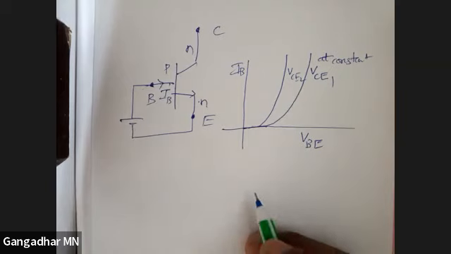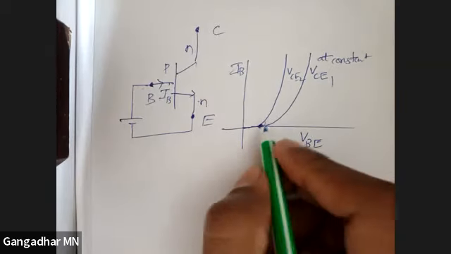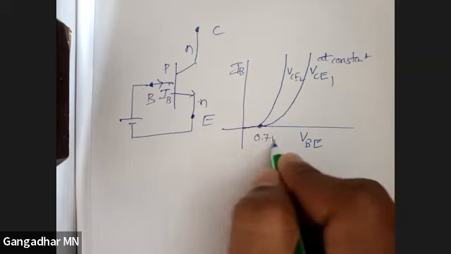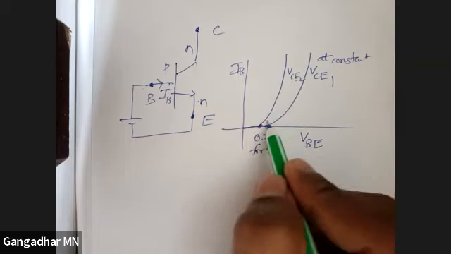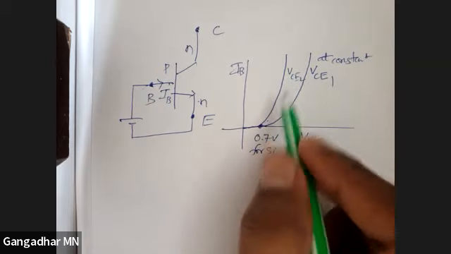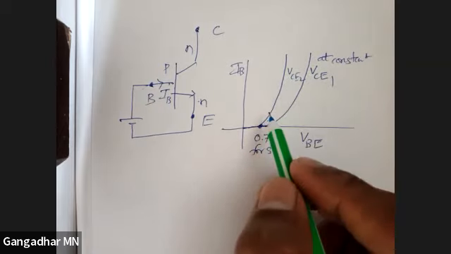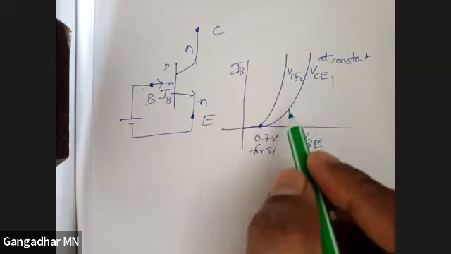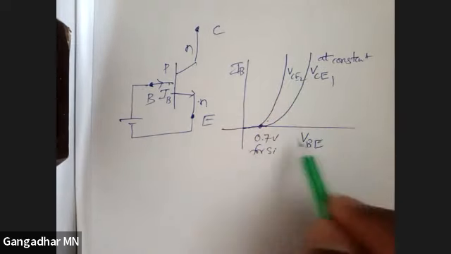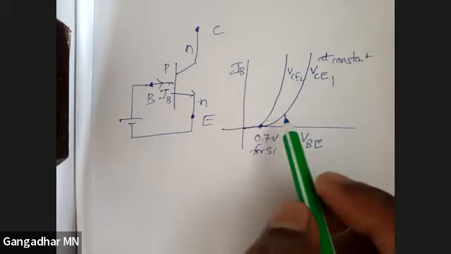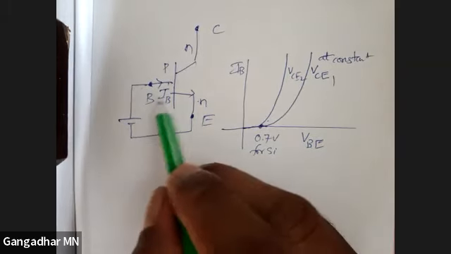Meaning there is a minimum voltage that is 0.7 volts for silicon NPN transistor for the conduction of base current. Once it started, the current rises drastically as if the current of a diode.